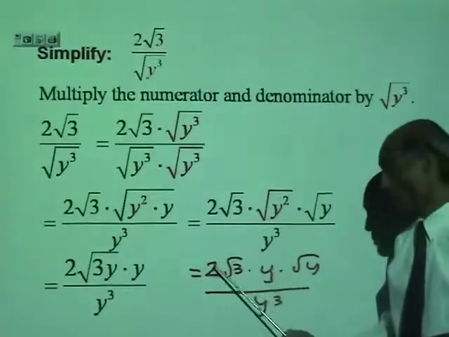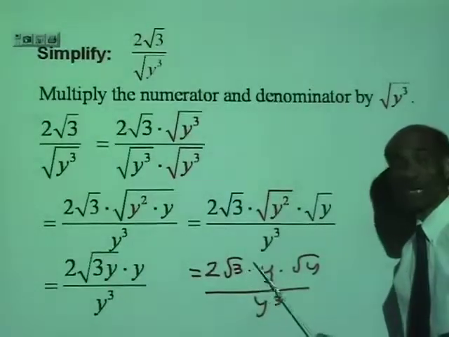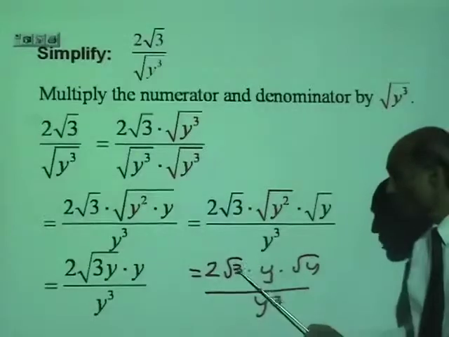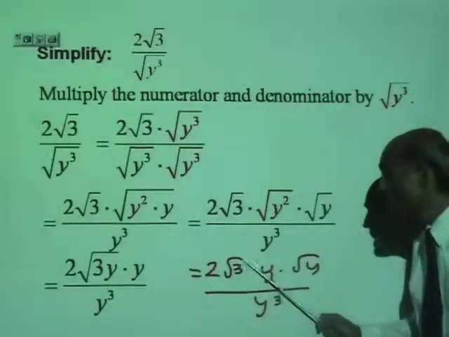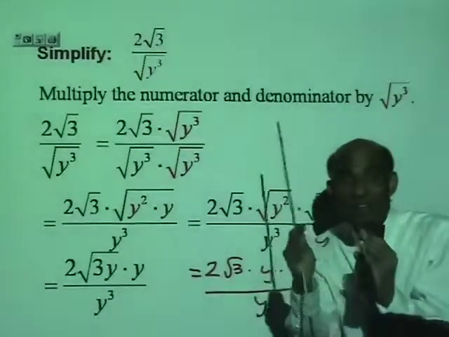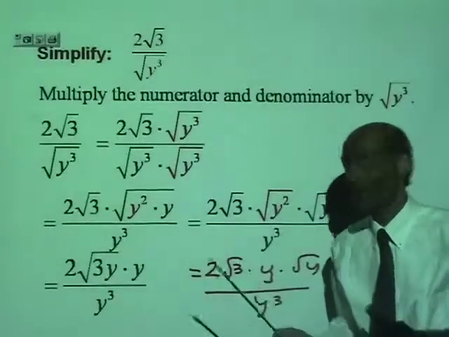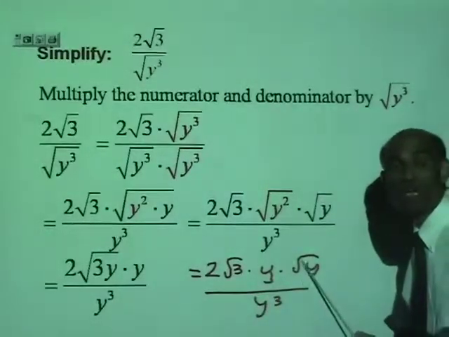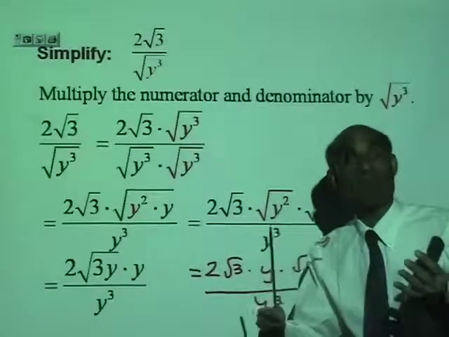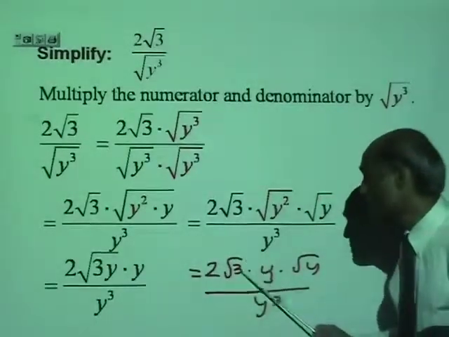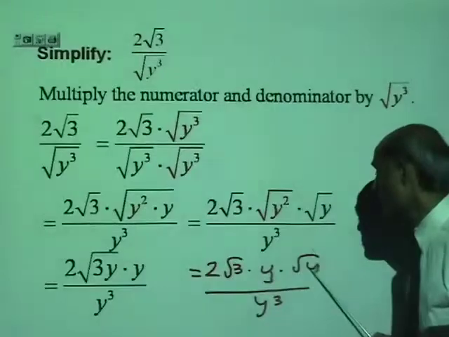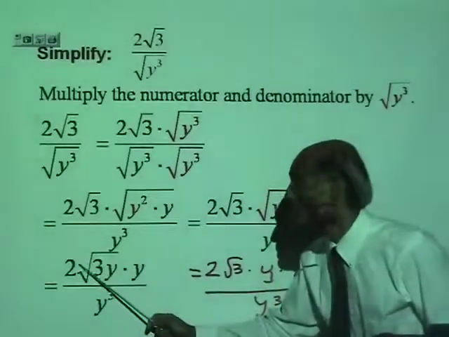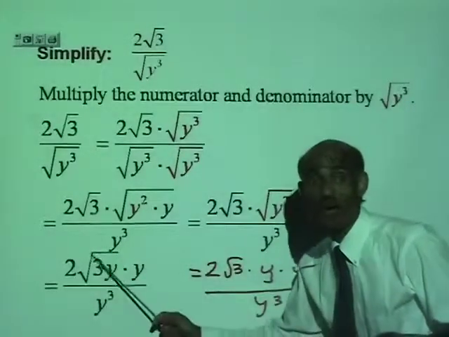Now if you watch this, square root 3 times square root y, you see, those two can be put together in one radical. Is that right? Square root a times square root b is square root of ab. So I picked the square root 3 and square root y and wrote it as square root 3y here.